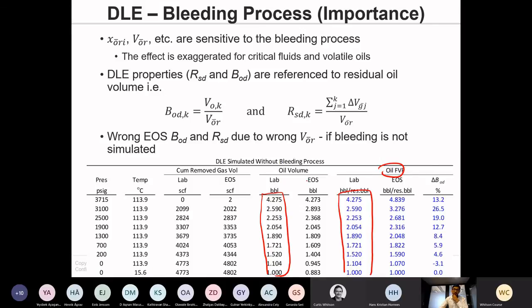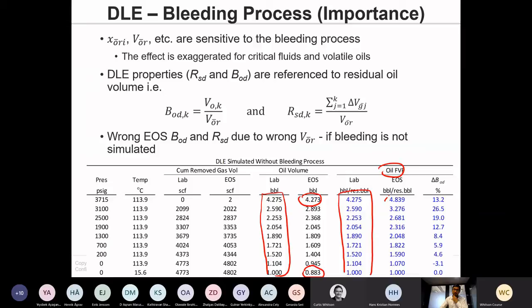So we are calculating the absolute volume of the oil with an equation of state model at any given pressure and temperature, and then we are converting these volumes to the oil formation volume factor, with the same definition as the lab is using, dividing this number by 0.883, which is the residual oil volume.